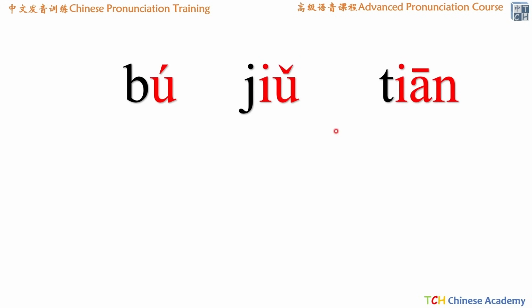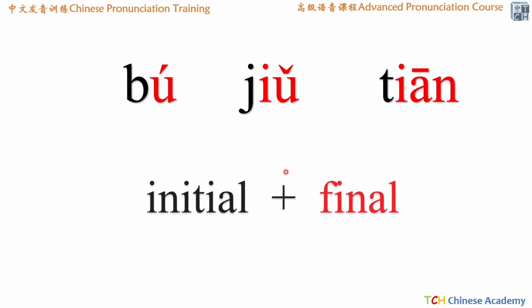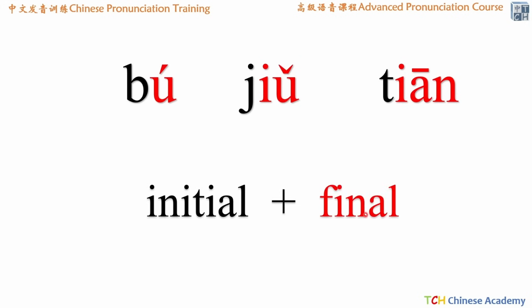Based on this, we can say Pinyin has an initial and a final, and the tone mark is placed on the finals. That is wu and jiu and tian.